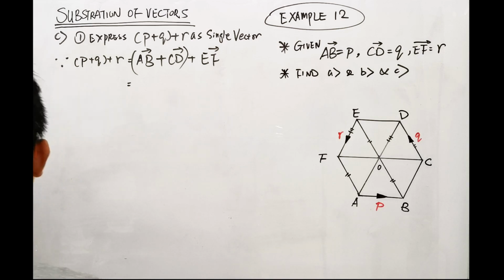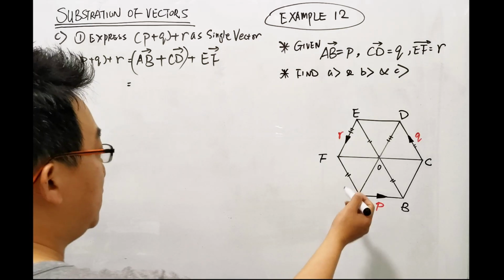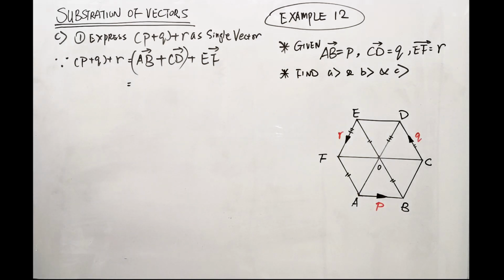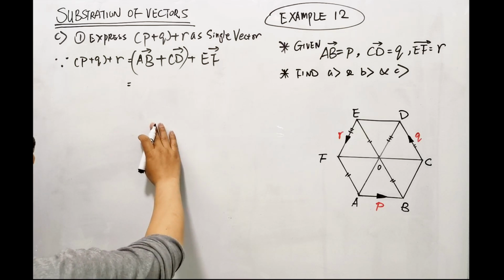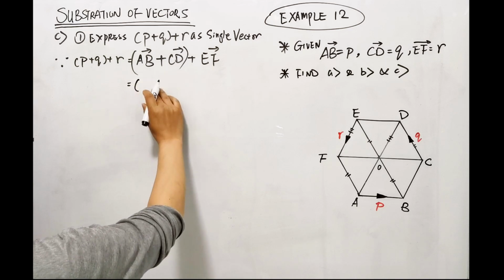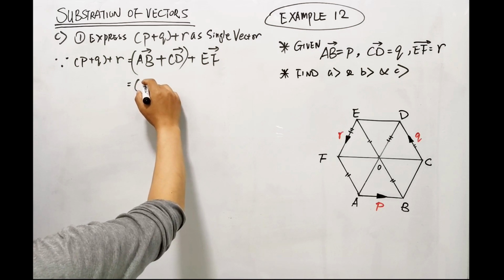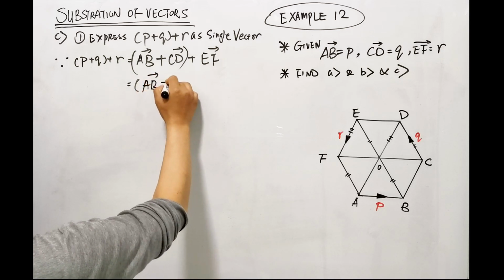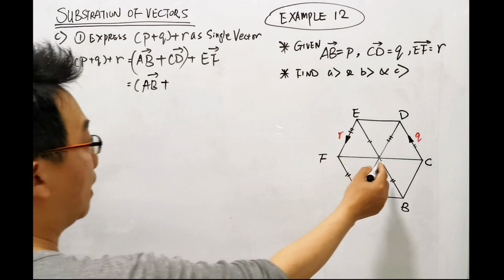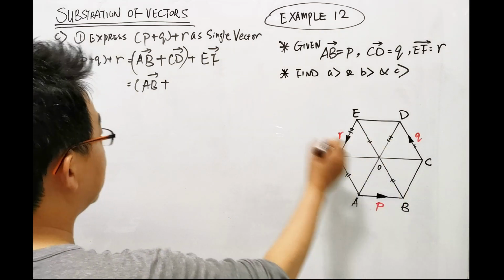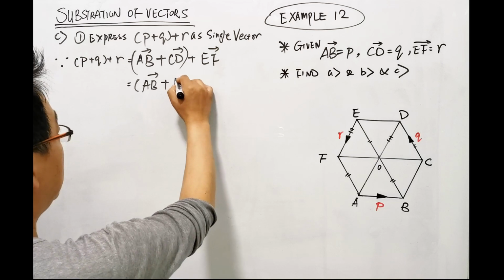So in this case, AB equals AB plus, let's move the CD. We know that CD equals BO, right?